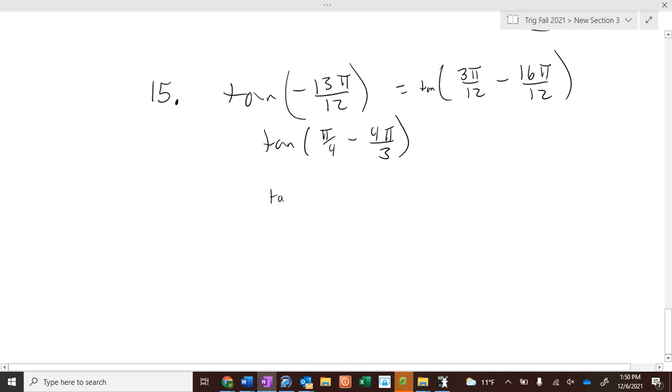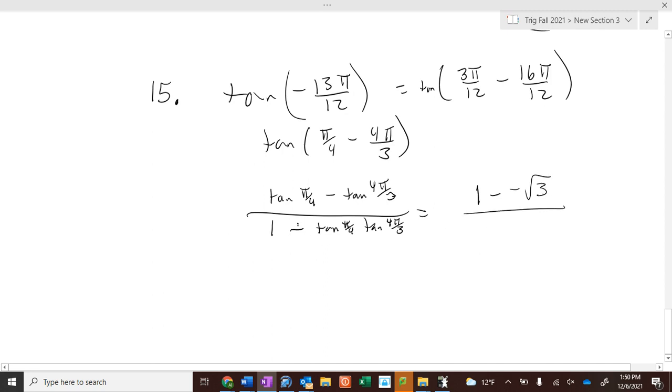So it is the tangent of pi over 4 minus the tangent of 4 pi over 3 over 1 minus the tangent of pi over 4 tangent of 4 pi over 3, which equals 1 minus negative square root of 3, right? Over, and this should be a plus on the bottom, 1 plus 1 times the negative square root of 3.